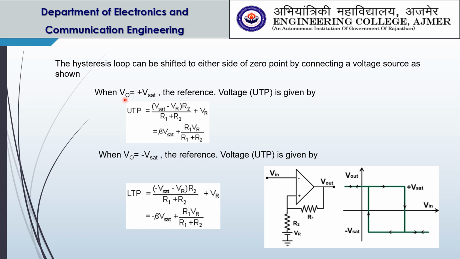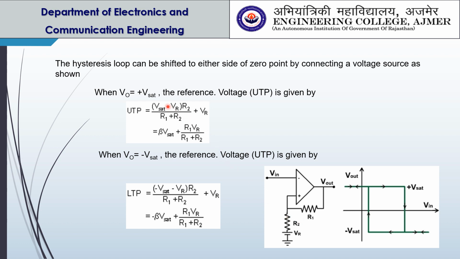When V output is plus V sat, the upper trigger point is obtained as follows: the feedback voltage is given by V sat minus VR into R2 upon R1 plus R2. So the total voltage at the non-inverting terminal, or plus V reference, is given by VR plus V sat minus VR into R2 upon R1 plus R2.